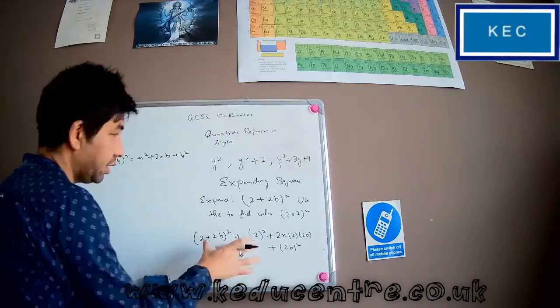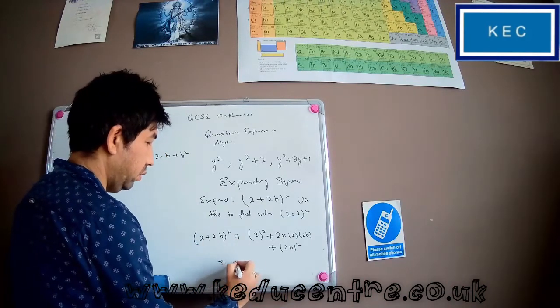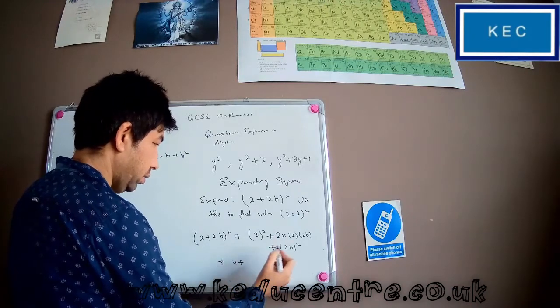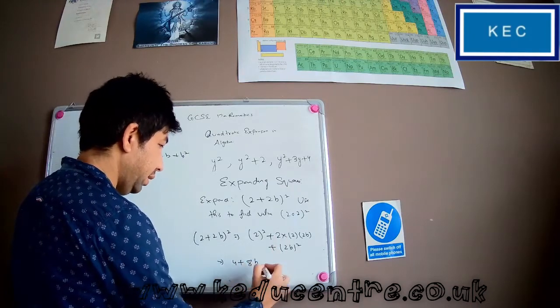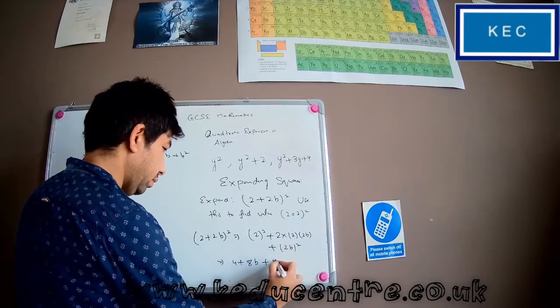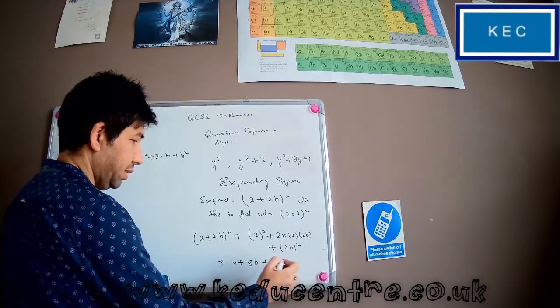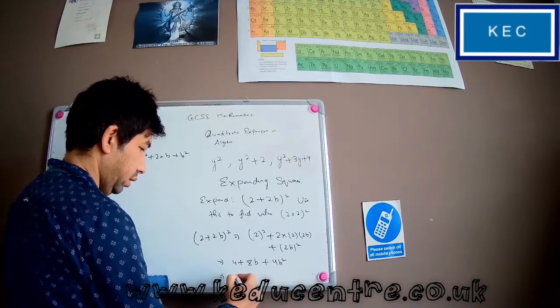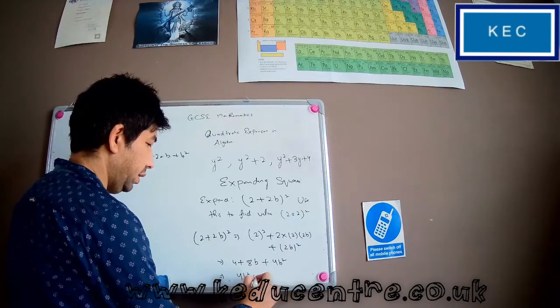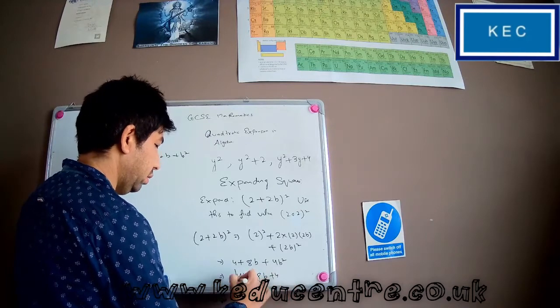Okay, so this is where it is coming from. So this will become 4 plus 2 times 2 is 4 times 2 is 8b plus 4b square. Okay, so the answer is 4 plus 8b plus 4b square, or you can twist it around as well and say 4b square plus 8b plus 4.